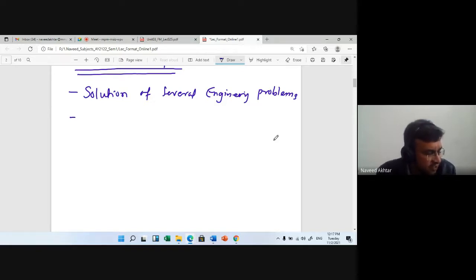It helps in determining the systematic arrangement of the variables in a physical relationship and combining dimensional variables to form non-dimensional parameters. As we proceed through this unit, you will understand these terms.